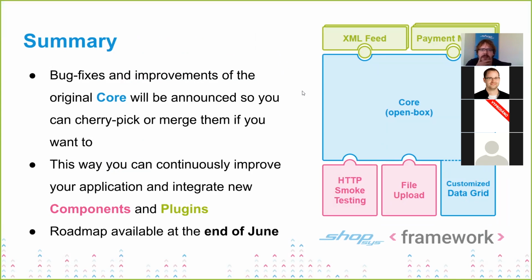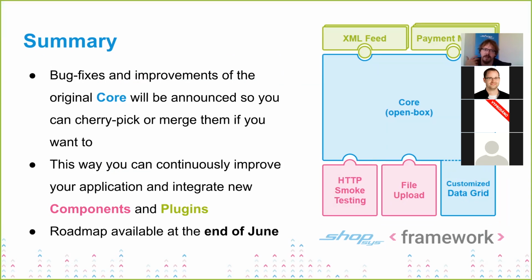In summary, there will be multiple packages, multiple repositories that will work with Shopsys Framework, or that will be the Shopsys Framework. The main repository is called core, and it uses open box extensibility, which means you fork it.